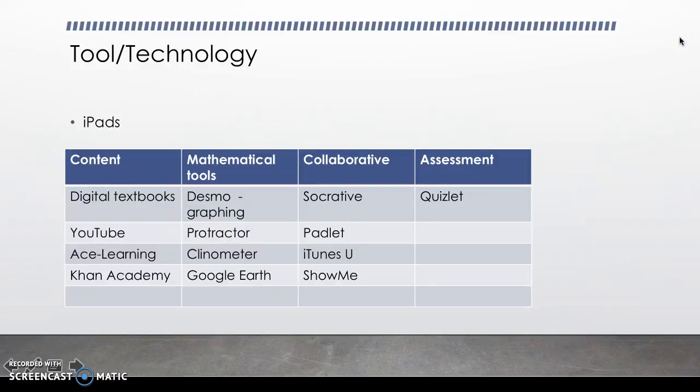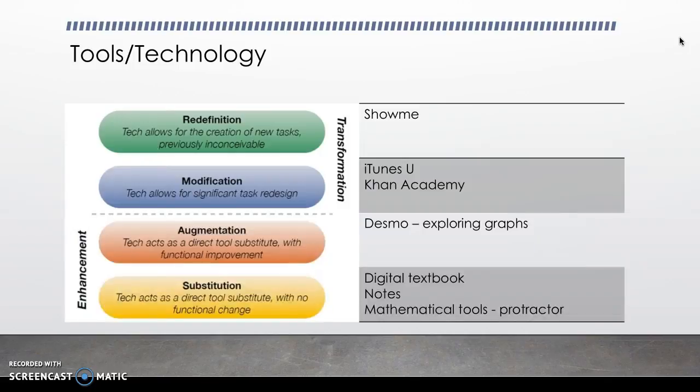And the tool that I'll be using is the iPad, and currently in the market, this is what we can do with the iPads with regard to mathematics education. I have tried to group these tools according to the SAMR model.